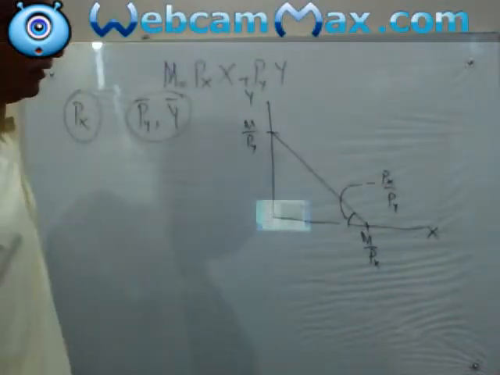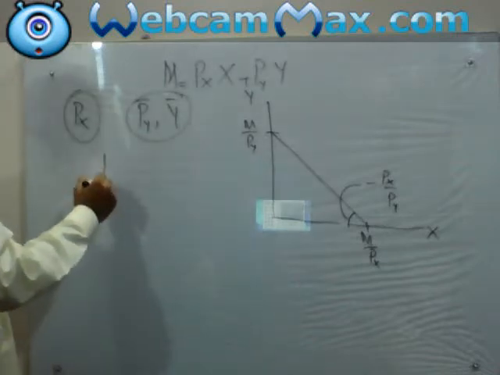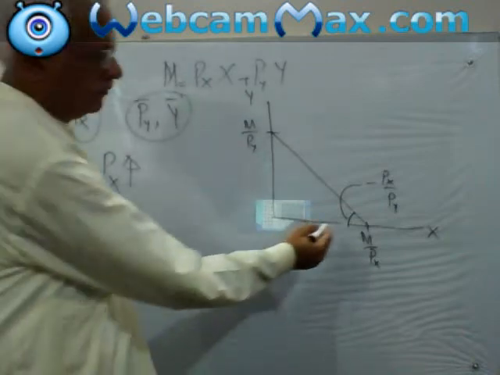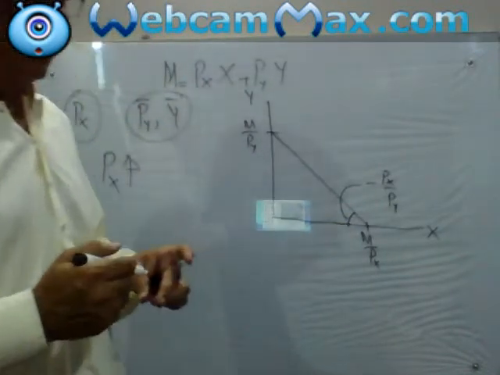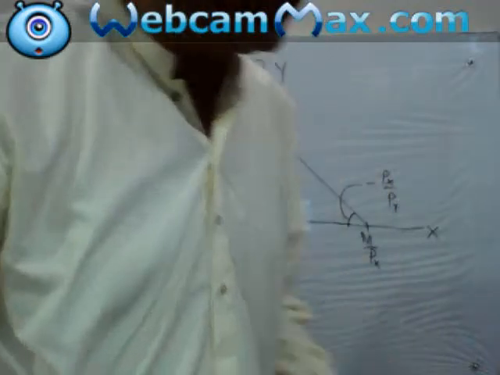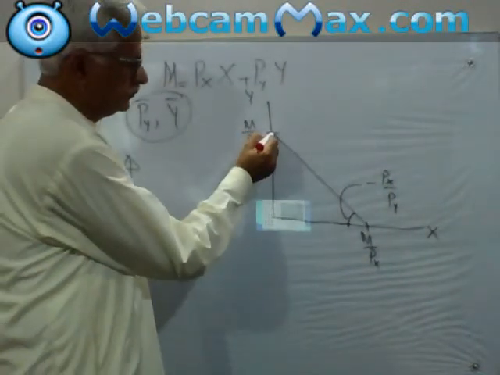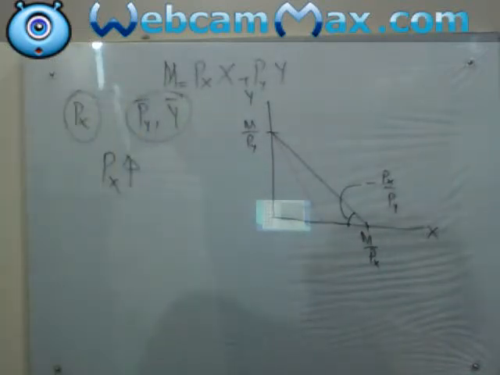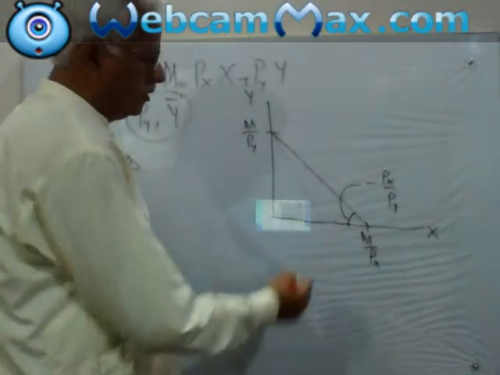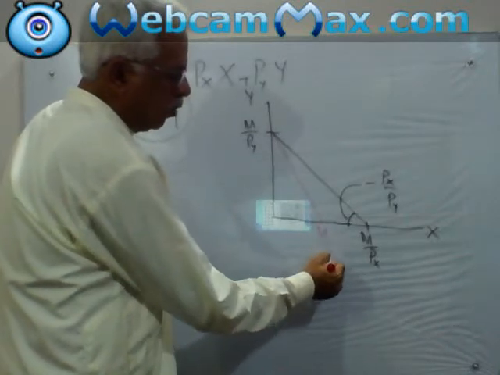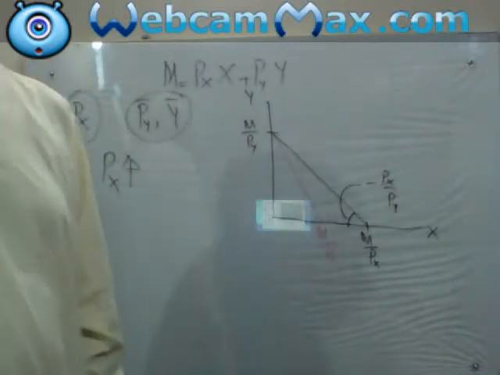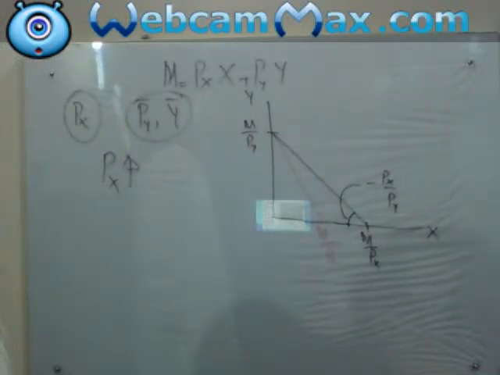So suppose we increase the price of x, keeping price of y and income constant. Then what happens? This is the new budget line, where the horizontal intercept is m divided by the new price of x. There is no change in the vertical intercept.